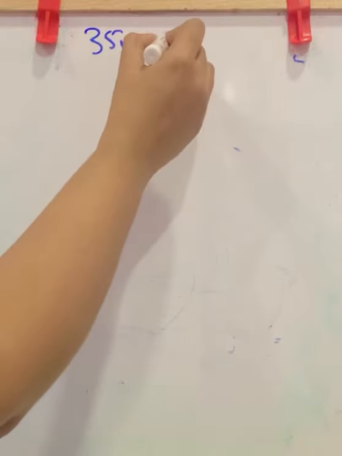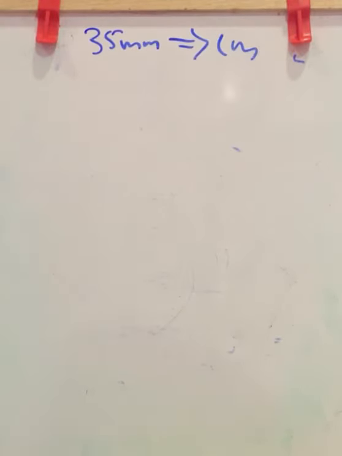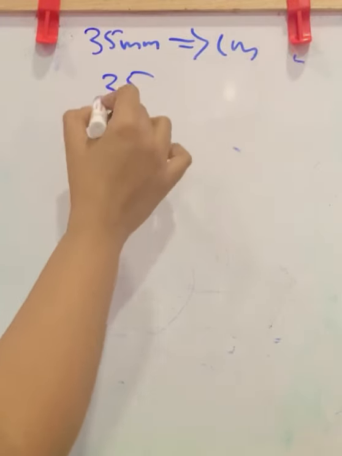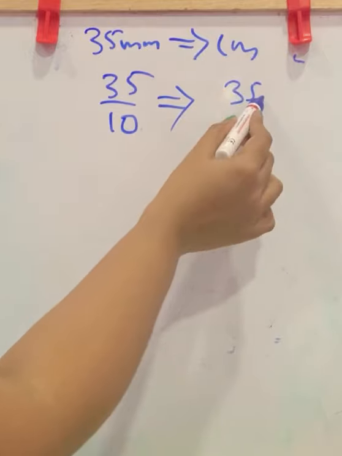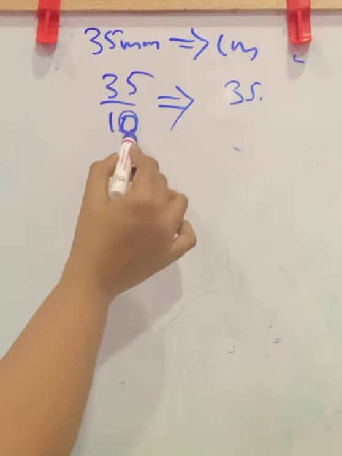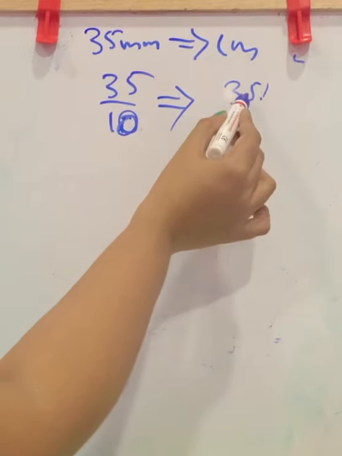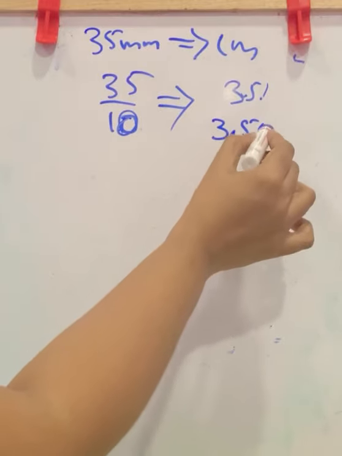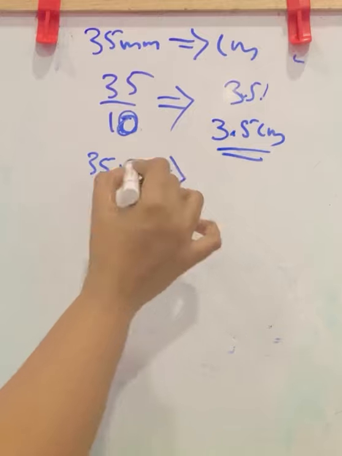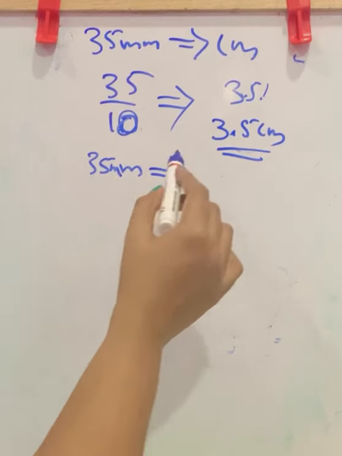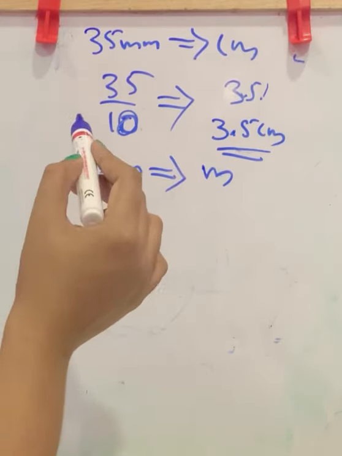35 millimeter to centimeter. Millimeter to centimeter is division by 10. So 35 by 10: the decimal will be here, and there is 1 zero in 10, so only one position moves. It becomes 3.5 centimeter. Now 35 millimeter to meters.